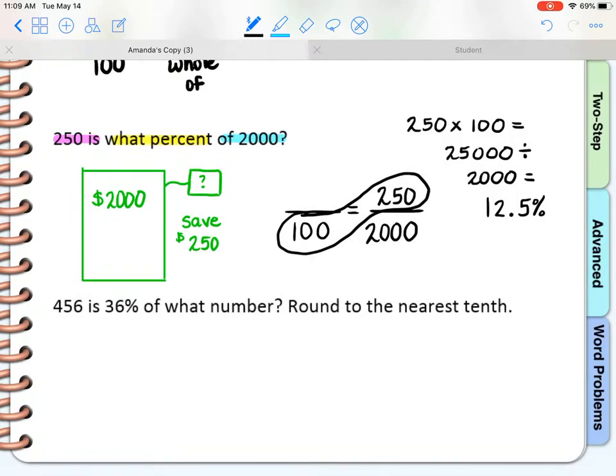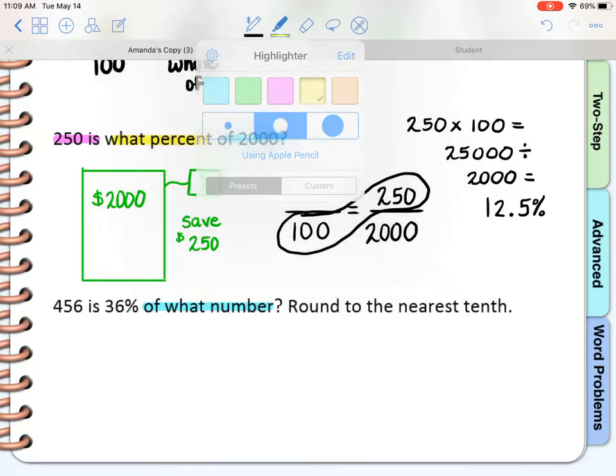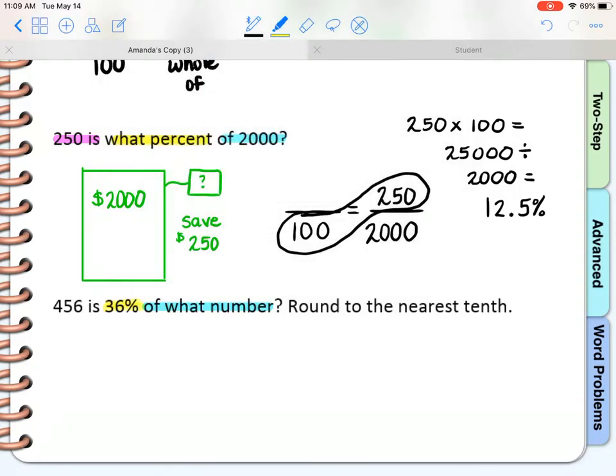Okay, the last problem says 456 is 36% of what number? Round to the nearest tenth. So first I'm going to mark off my elements of the percent problem. We don't know the of. We do know the percent.